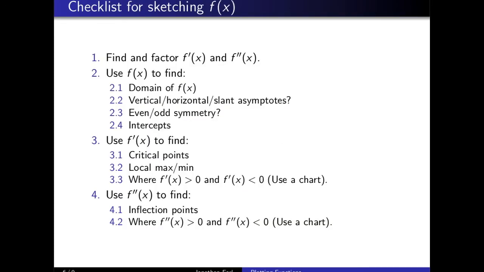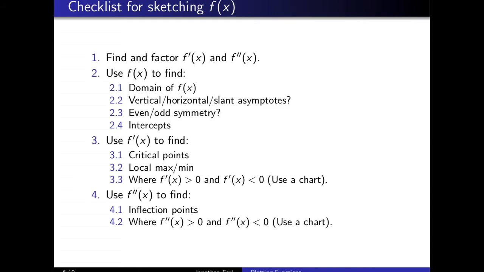Okay, so here are the main steps that we want to carry out when we're trying to sketch a function. We're going to pick off various qualities from the function, its derivative, and its second derivative. So we'll go and find where our function is defined.